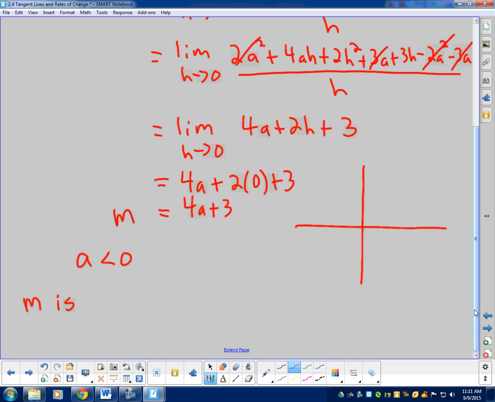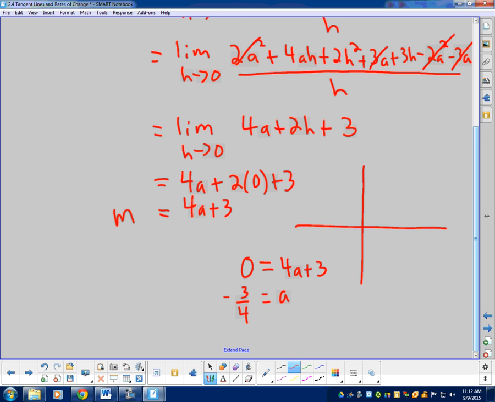What's the x-intercept or a-intercept in this case? When does this thing equal 0? 0 equals 4a plus 3. We might want to break this up a different way. So a equals negative 3/4, right? So that line passes through an x-intercept of negative 3/4, 0.